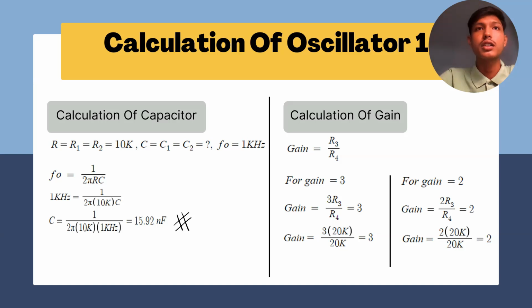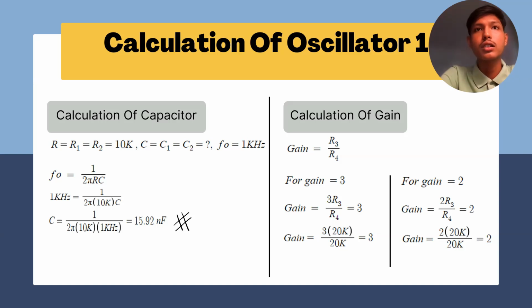So this is the calculation of oscillator 1. For the calculation of the capacitor, we have decided to use R1 and R2 equal to 10K. As we know, to get a good sine wave, we need to make sure the resistor and capacitor in the RC series circuit and RC parallel circuit must be the same.